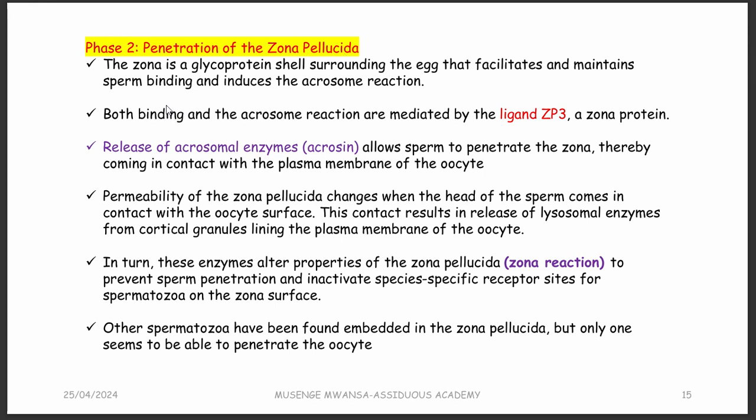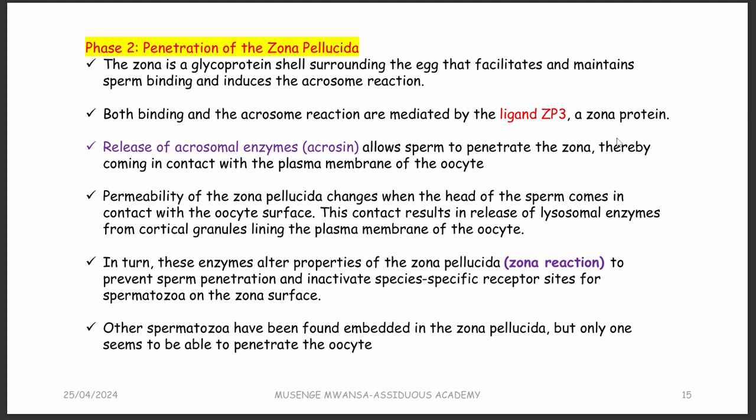The zona is a glycoprotein shell around the egg, which maintains sperm binding and induces the acrosomal reaction. We'll talk about it. Both the binding and the acrosomal reaction are going to be mediated by the ligand ZP3, a zona protein.